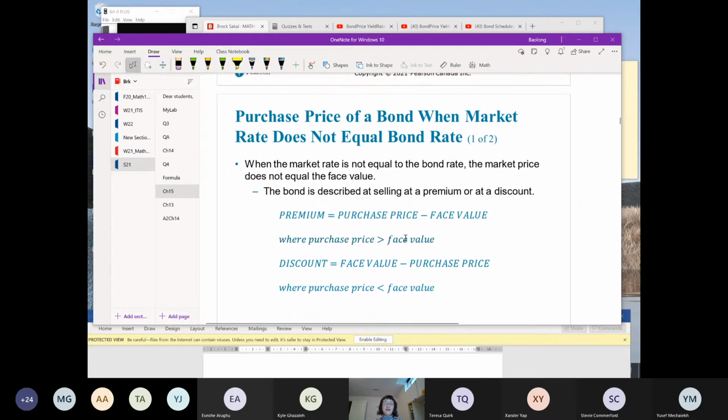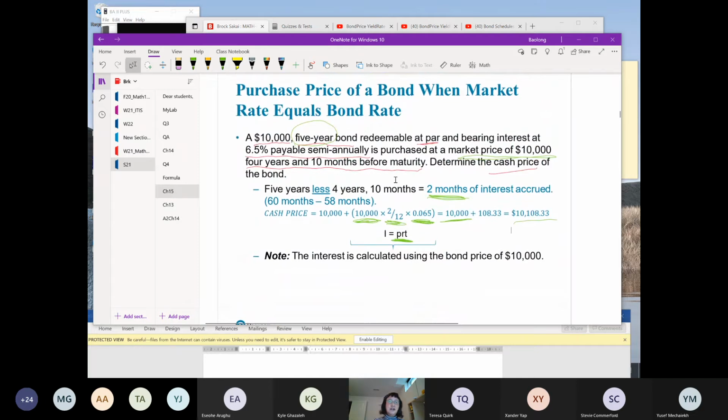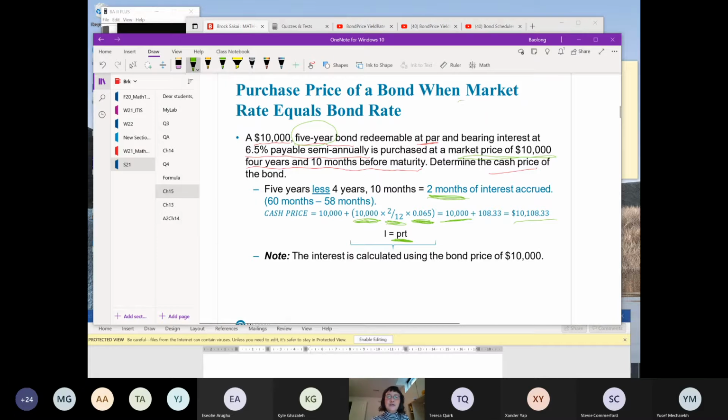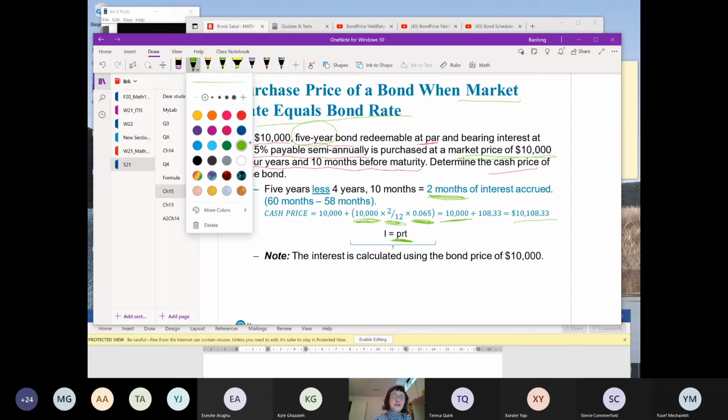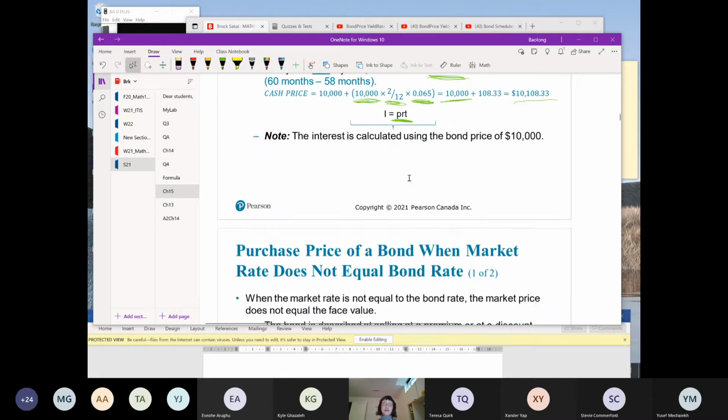Now this example has a condition. Under what condition? For this example, the market rate equals the bond rate. But most often the market rate does not equal the bond rate.